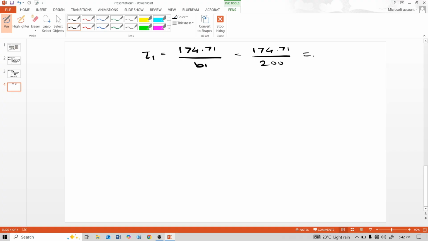That gives 0.874. Unit is Newton per mm square.